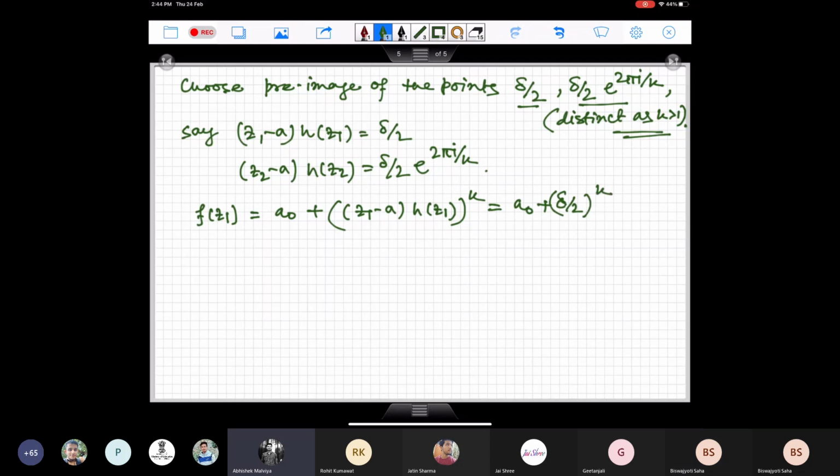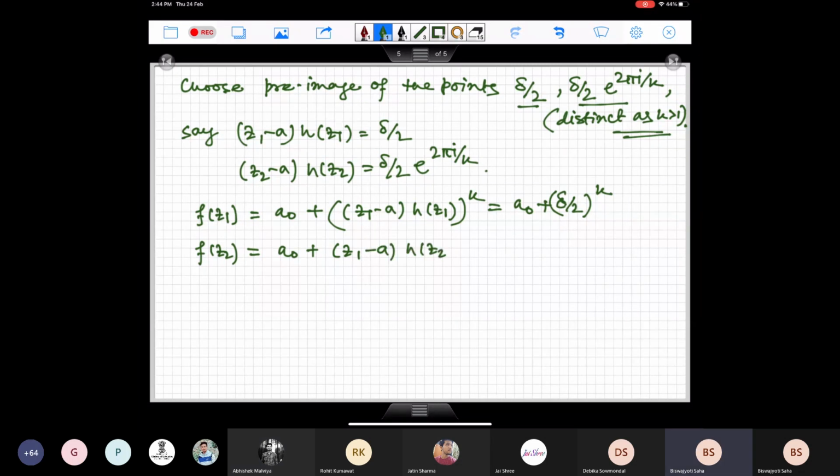Agreed? Yes, sir. What is f of z2? It is a naught plus delta by 2 e to the power 2 pi i by k, to the power k. So effectively delta by 2 to the power k. Same exactly.